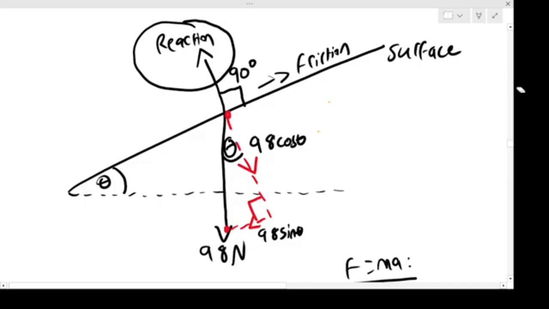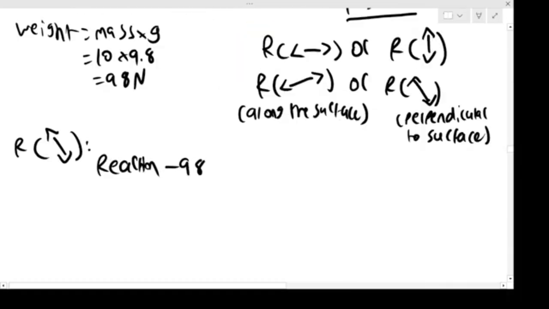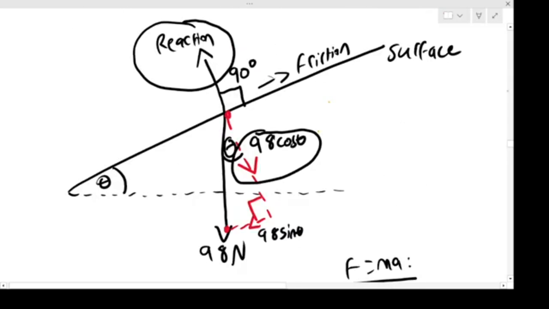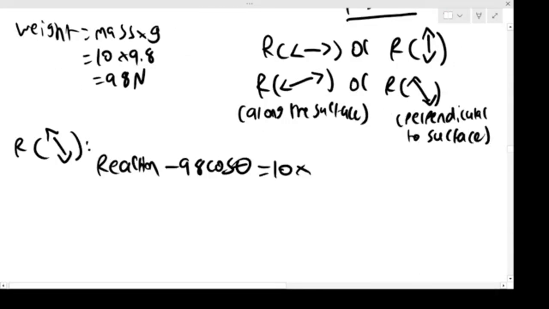So this 98 cos theta force is going to be the opposite to reaction, so take away 98 cos theta, and that's going to equal mass times acceleration. The mass is 10, and there's going to be no acceleration in this direction, so it ends up equaling 0. So the reaction is just 98 cos theta.